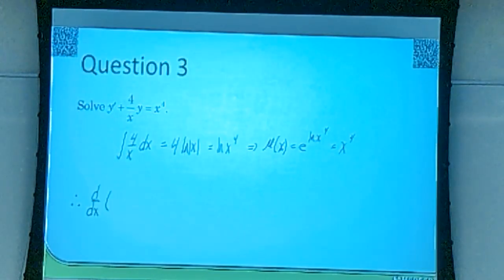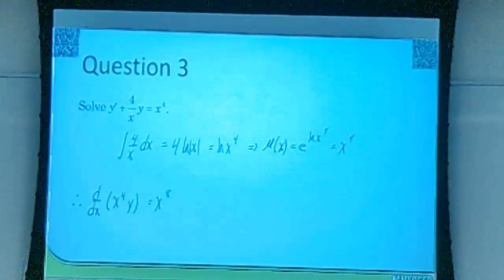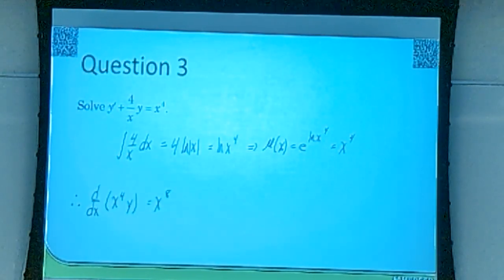That means that the derivative of x to the 4th times y equals x to the 4th times x to the 4th, which is what? X to the 8th. Oh, good, we're remembering our algebra so far. That's good.